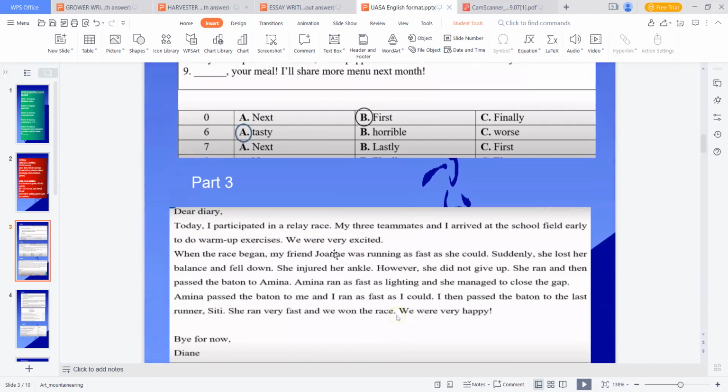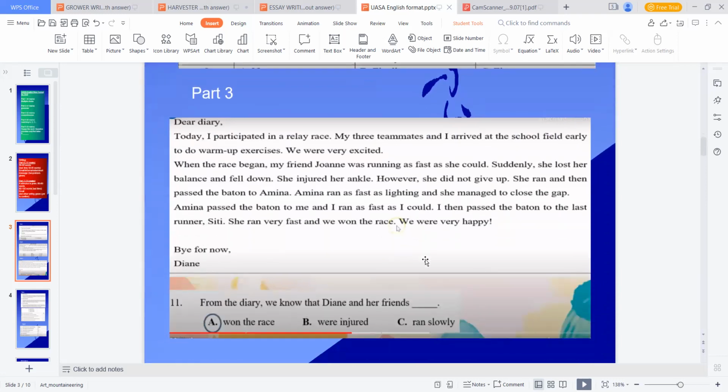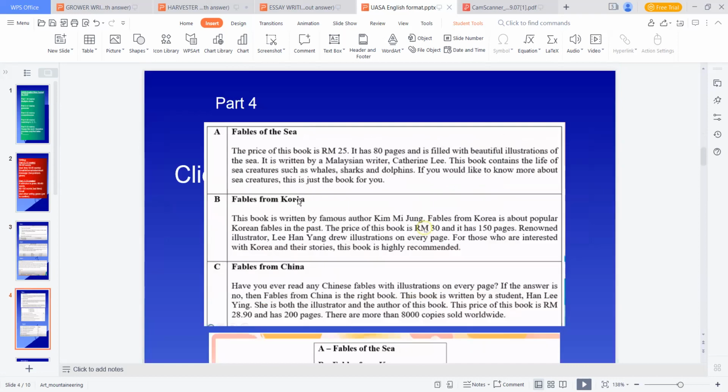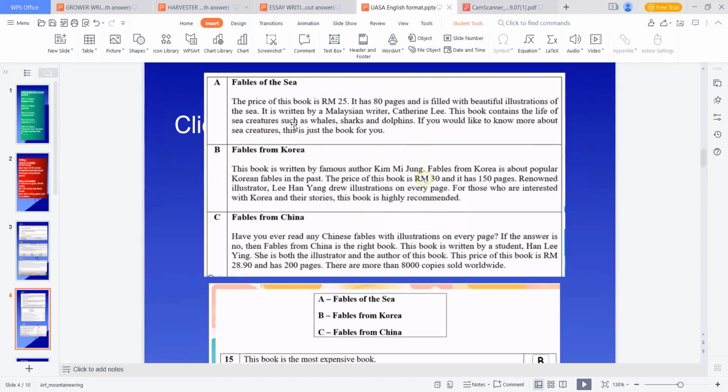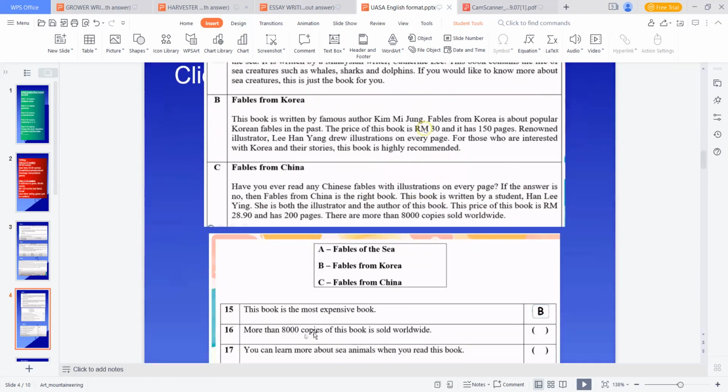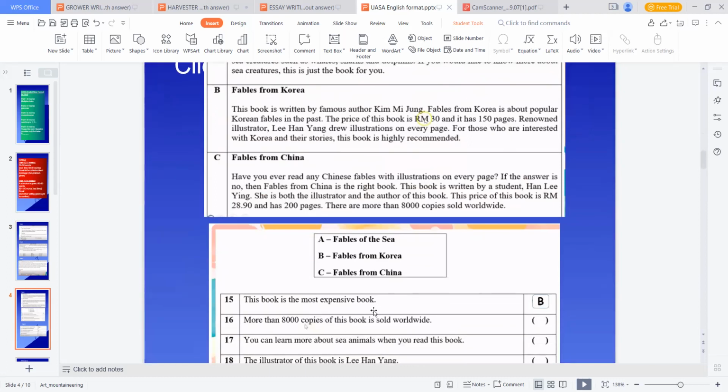And part 3 will be a reading text. For Year 4 it will be shorter than Year 5 and Year 6. And also there will be multiple choices. They will select one answer out of 3. Part 4 will be given a few short texts with the criteria A, B, C, and students will read the questions and then identify which text this statement is referring to.